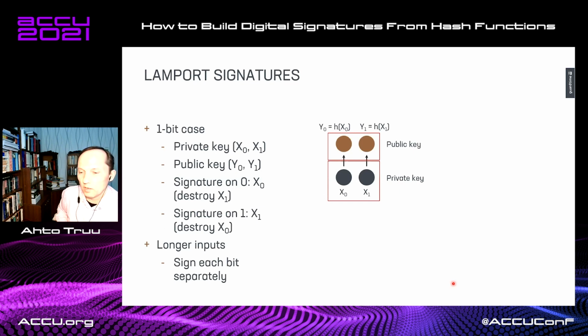The only problem, well, actually two problems with this system, is first that the signatures are quite large. So if we're talking about 256-bit hash functions, then each of those components in this public key is 256 bits or 32 bytes.